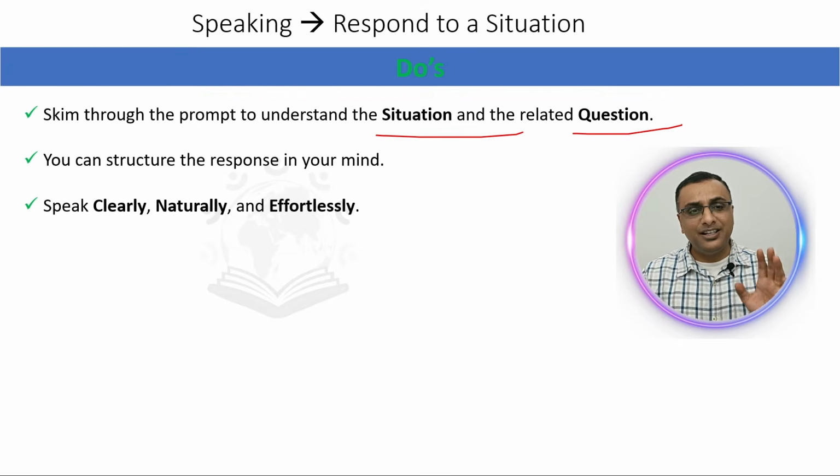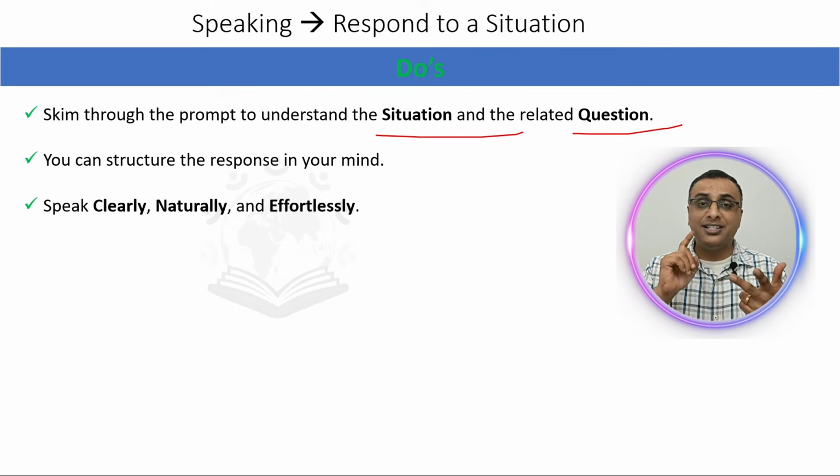Next, speak clearly, naturally, and effortlessly. This has to be done in your entire speaking module for questions like read aloud, repeat sentence, describe image, retell lecture, summarize group discussion. All of these questions, you have to maintain your fluency and pronunciation. You will have to do the same thing in respond to a situation question type.